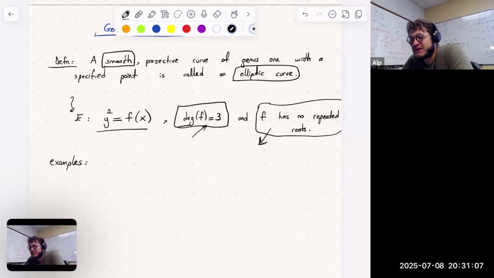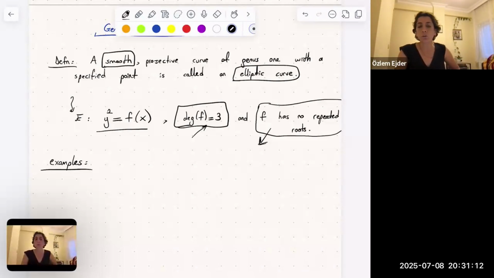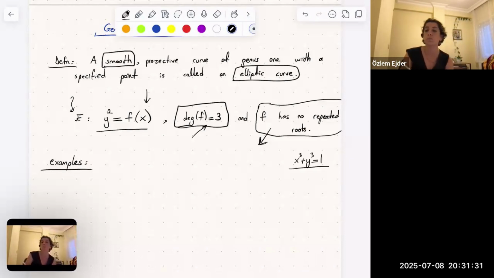So what is the specified point here? You choose a point on the curve to put it in this form. This is called the Weierstrass form. In general, the curve could be given by any degree 3 polynomial in two variables, x and y. For instance, take Fermat's cubic, x cubed plus y cubed equals 1, or equals z cubed if you want.